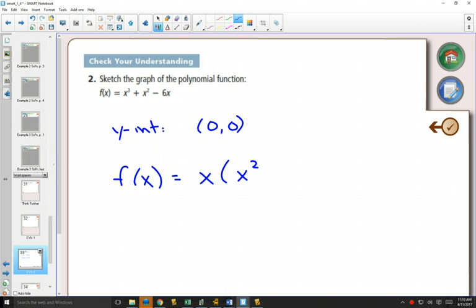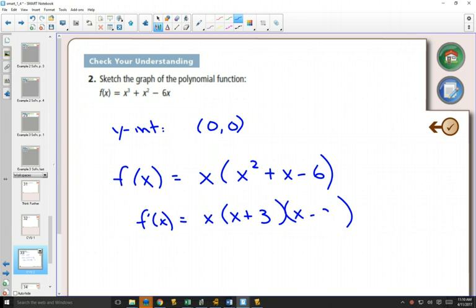And if we do that, that leaves us with x squared plus x minus 6. We don't have to do any of that synthetic division or factor theorem because we factored out a common factor. And then we can factor this further because x squared plus x minus 6 is (x plus 3)(x minus 2).